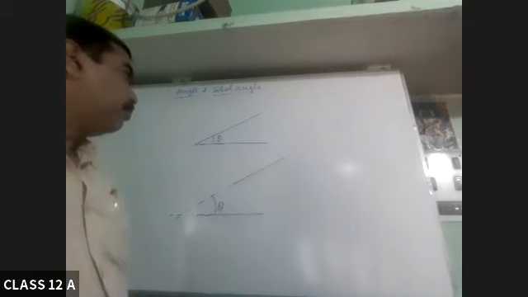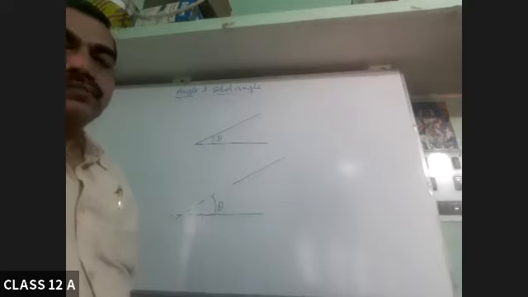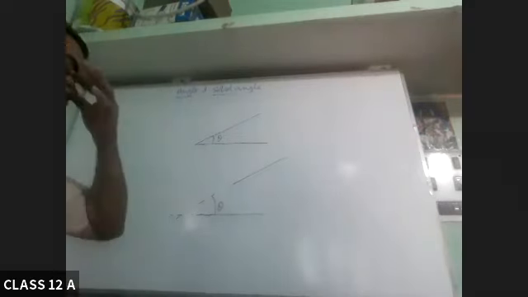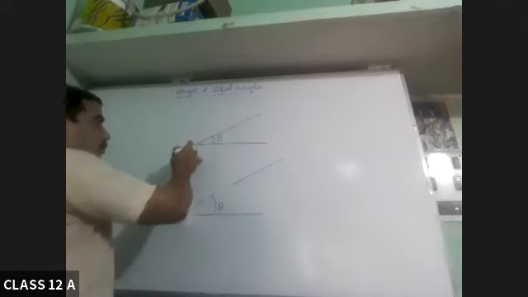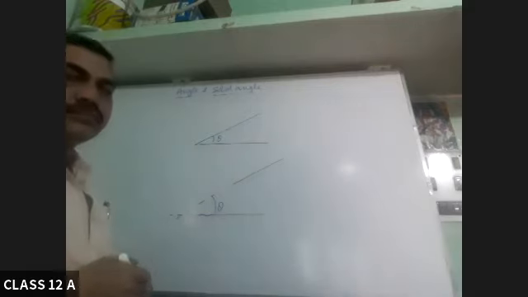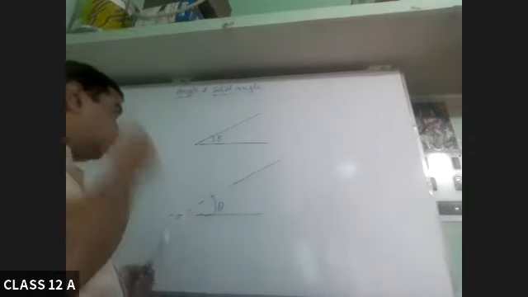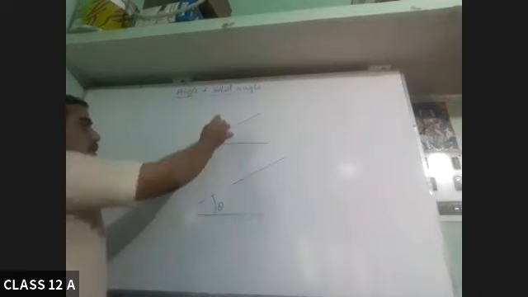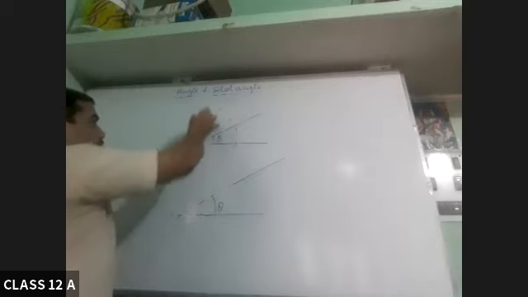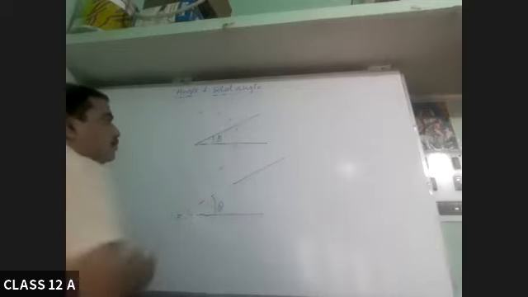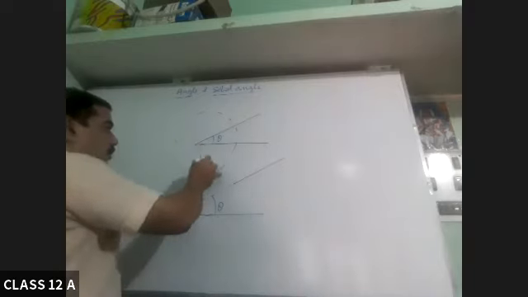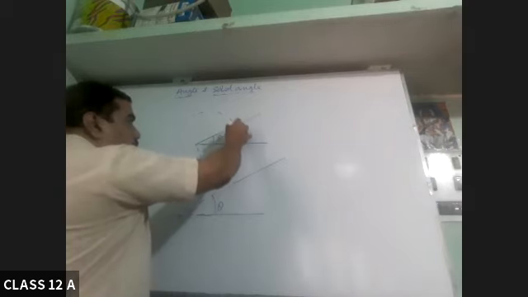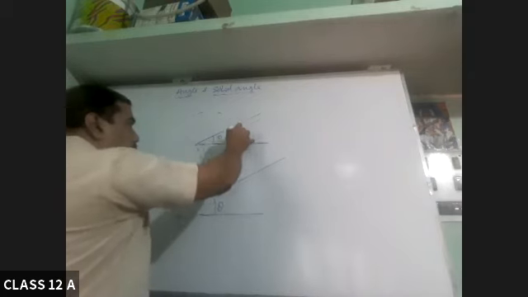Now how do we measure this angle? To measure this angle, we draw a circle, taking the point of intersection of these two straight lines as center. If we draw one circle, whatever the radius may be, the radius of the circle is r, and we measure the length of the arc.